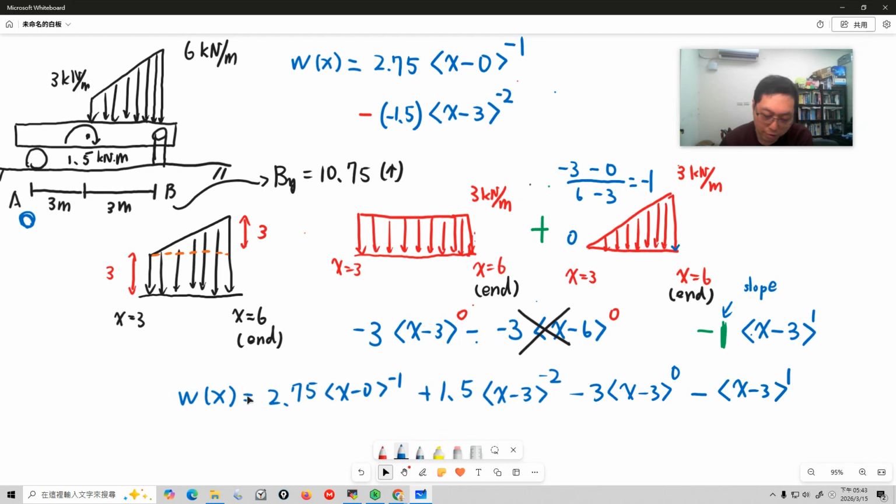So this is the final distributed load function. Let me check. Yeah, I get it right.